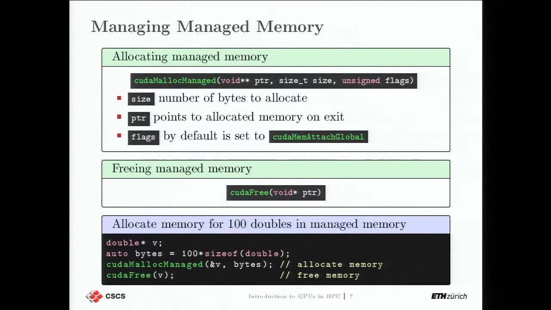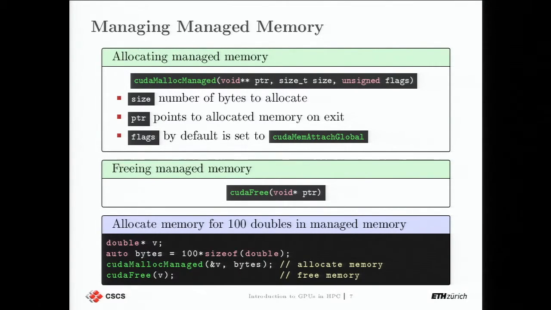If we're working with managed memory, the first thing we want to do is allocate the memory. There's a function called cudaMallocManaged that you can use to allocate the memory. It takes 3 arguments. The first argument we'll look at is size, which is the number of bytes that we want to allocate.